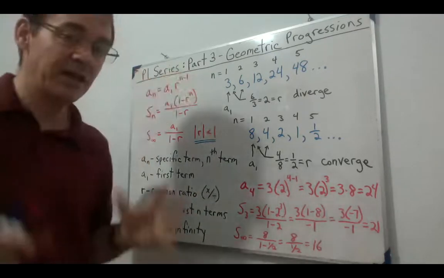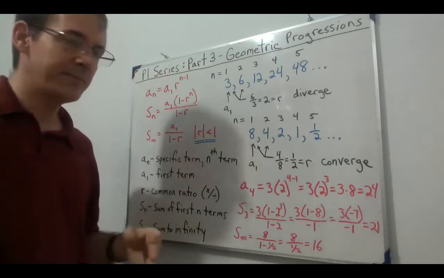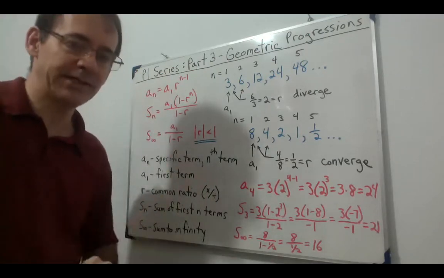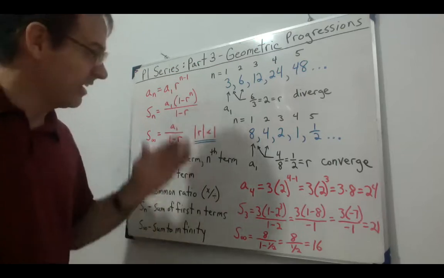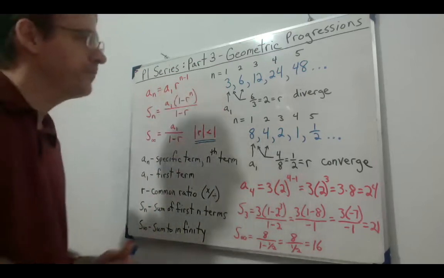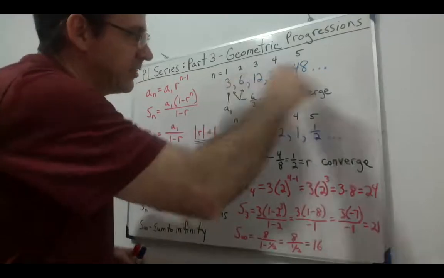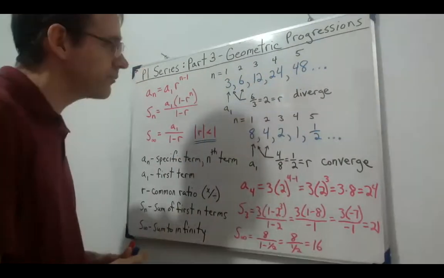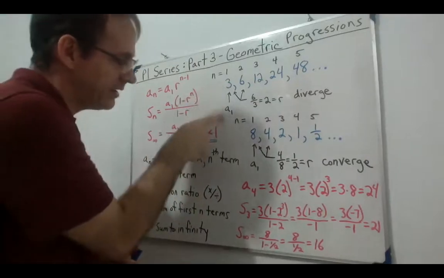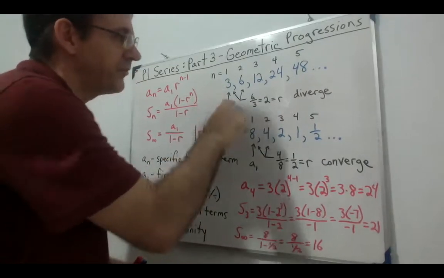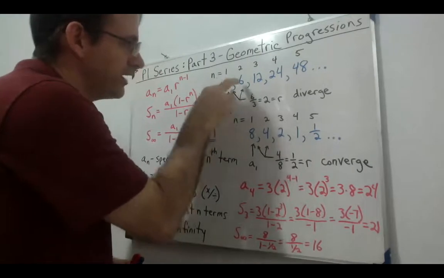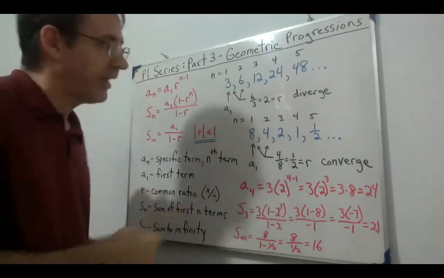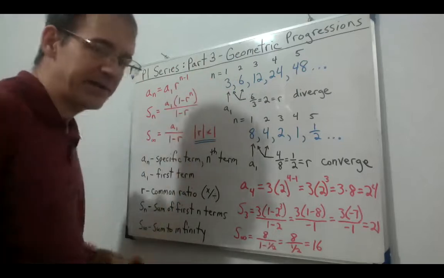Here's a couple of simple examples. Maybe if you had geometric series at some point back in IGCSE material, here would be a simple example. Here you're given a sequence, 3, 6, 12, 24, 48. So 3 is the first term. To find the ratio, you just take any two consecutive terms and you take the second one divided by the first one.